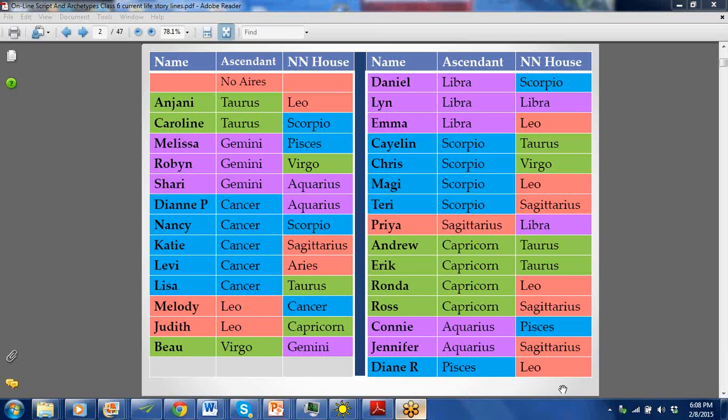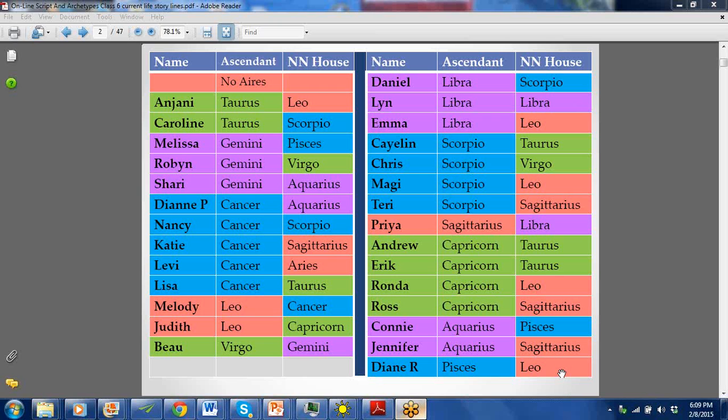Also, just to emphasize that the 12 jobs, and in this class we're looking at the job in the rising sign mystery school, so it's associated with current life purpose, it's still less important than the mystery school. It's like 12 different versions of what you're coming into the life to investigate. There are some very basic things that are important to remember once you know the rising sign, and that's actually more important than knowing what house position the north node is in.